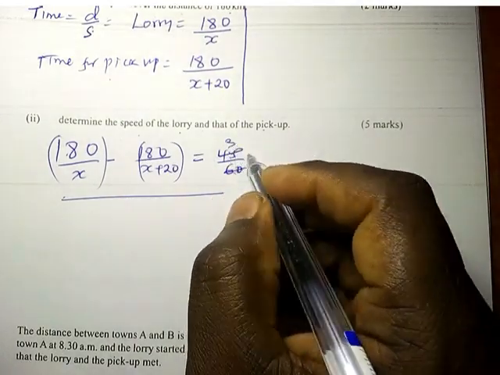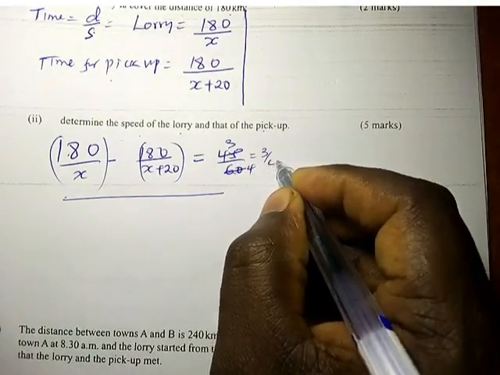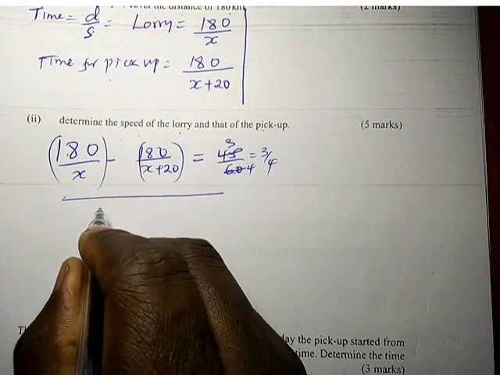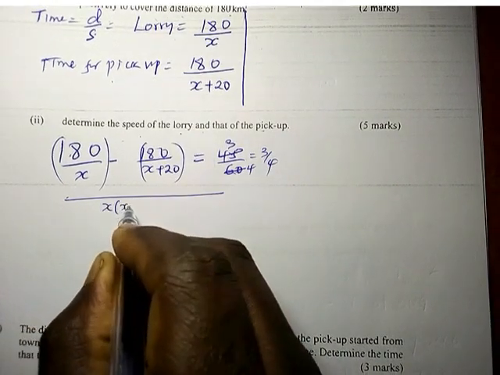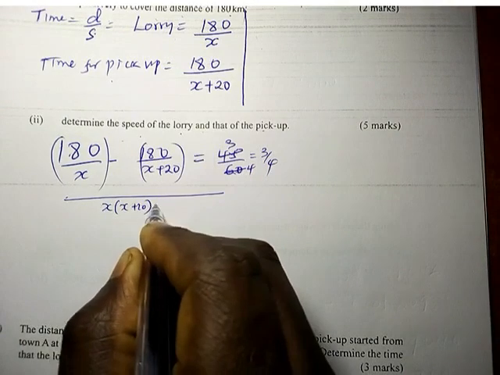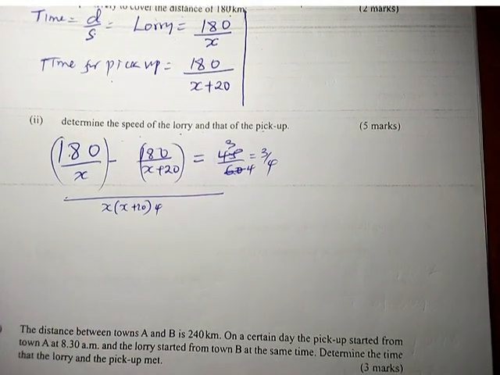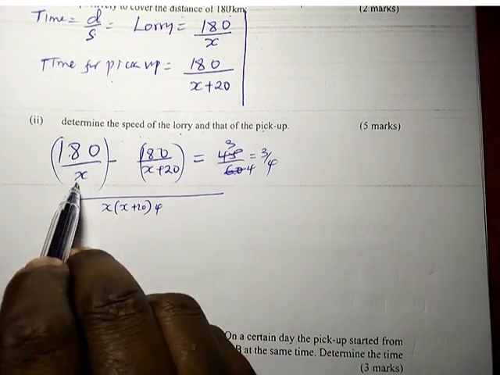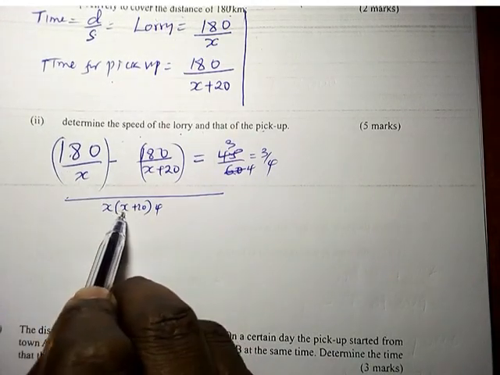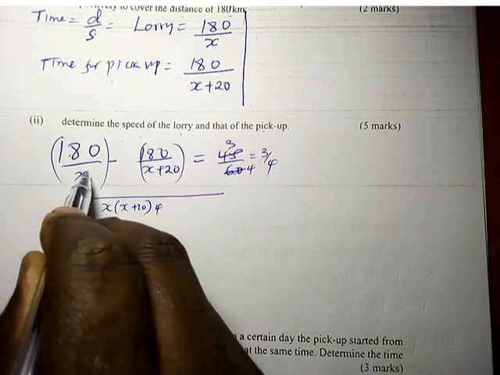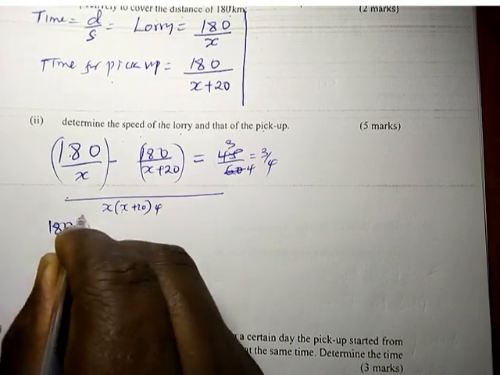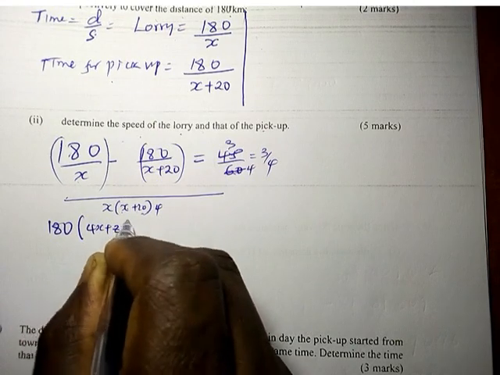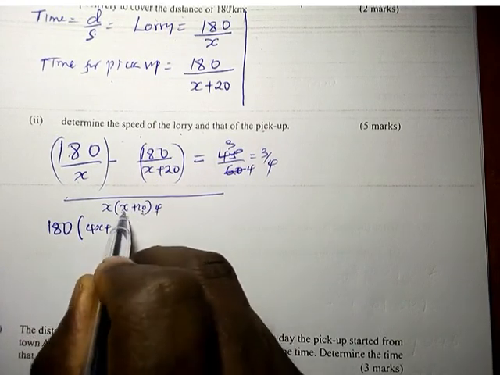So we will have 3 over 4. So let me take this one. The LCM is going to be x into x plus 20. That is the LCM. So we are multiplying everything. So here x inaenda hapa mara ngapi? Inaenda 4x plus 80. So now we are going to have 180 into 4x plus 80, 180 times 4x.